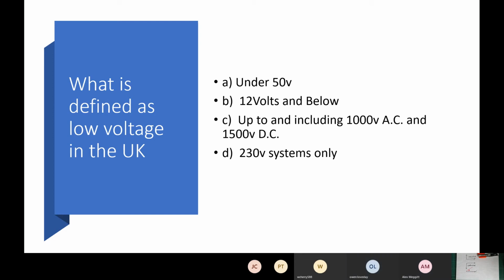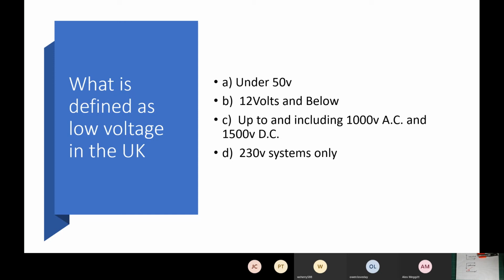The official definition in BS 7671 and the Electricity at Work Regulations is that low voltage in the UK is band 2, up to and including 1,000 volts AC or 1,500 volts DC. The word low is used, although, like you say, 1,000 sounds quite a high figure, doesn't it?